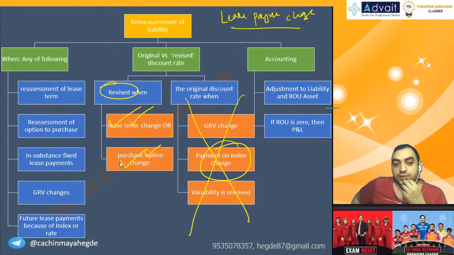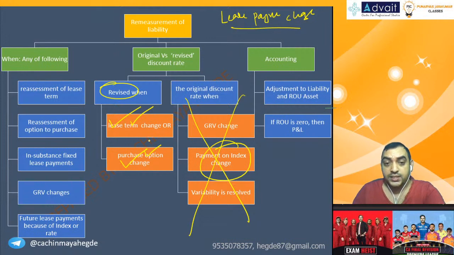Term also can change, no? Term also can change. If 8 years was the lease term, then by mutual agreement you brought it down to 5 years, that is modification.